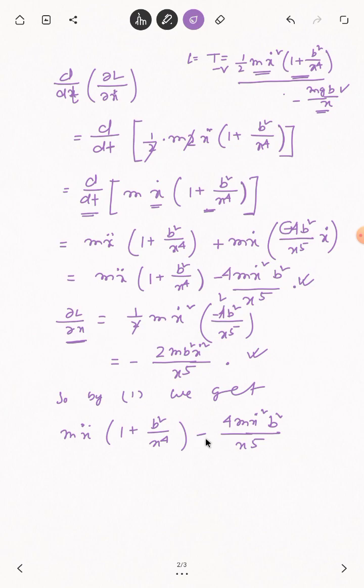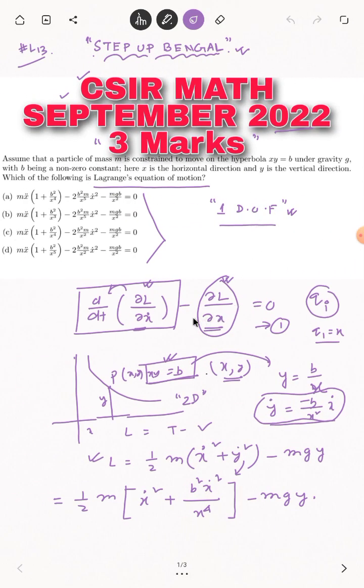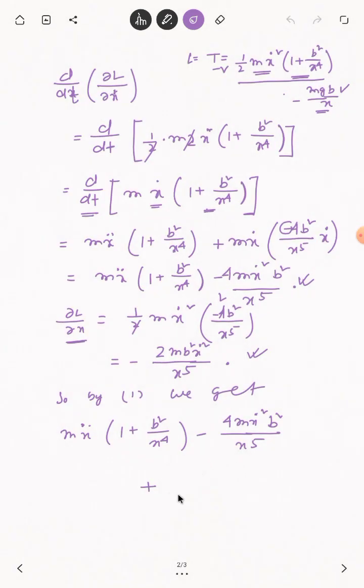This 4 will take a minus sign and plus, this will be plus because before del L by del x there was a minus sign, so this will be plus. So ultimately the term will be plus 2m b square divided by x to the power 5 into x dot square, minus mgb by x square equal to 0.